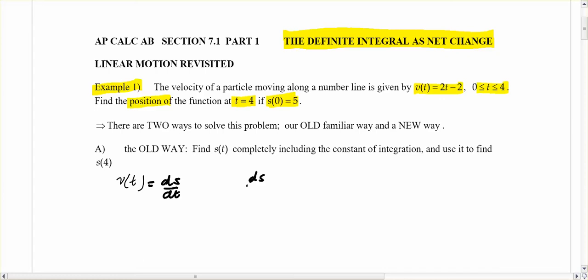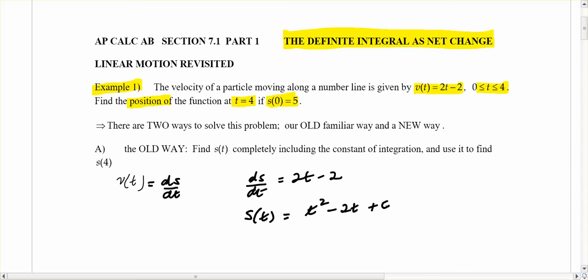So let's see, we have ds dt is equal to 2t minus 2. That means that s of t, if I anti-differentiate on the right-hand side, is t squared minus 2t plus c.